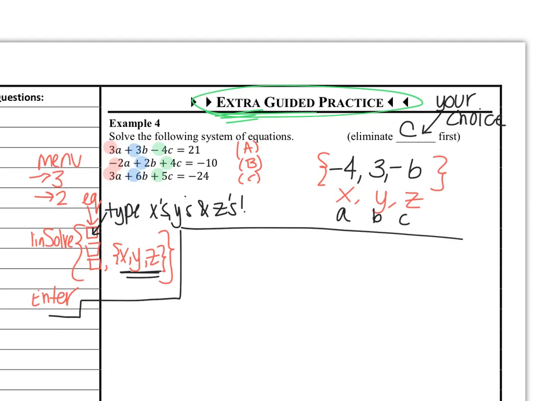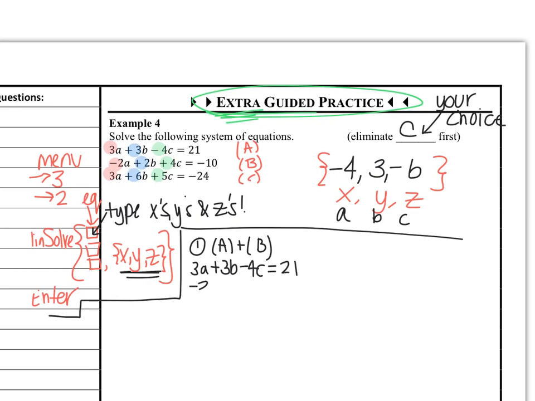Okay, so when I am looking at step number 1, I want to figure out how to eliminate C, the variable. Okay, so I can do that easily with adding A plus B because currently they have the same coefficient but opposite signs. So this is going to be 3A plus 3B minus 4C equals 21.